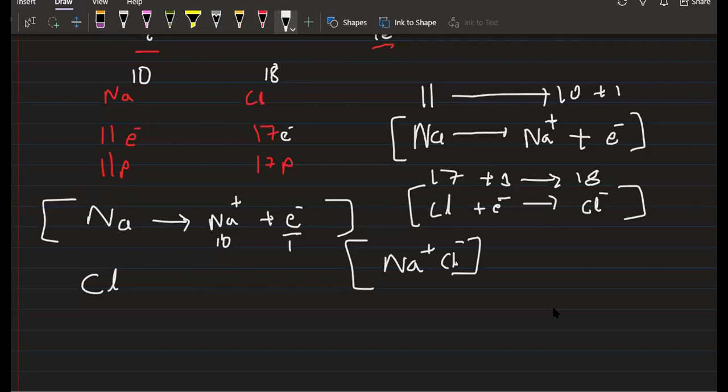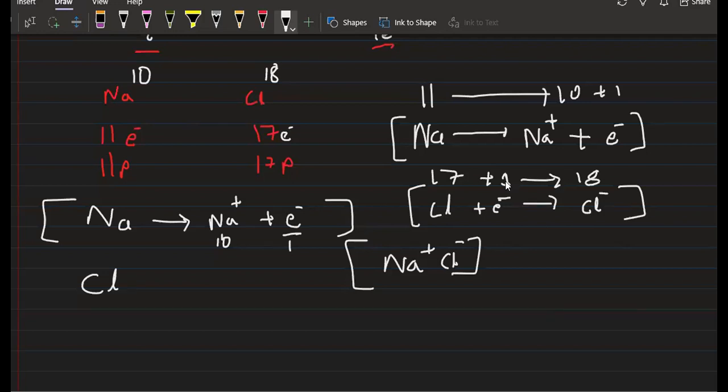Logically think about this: will positive charge and negative charge attract each other or repel each other?